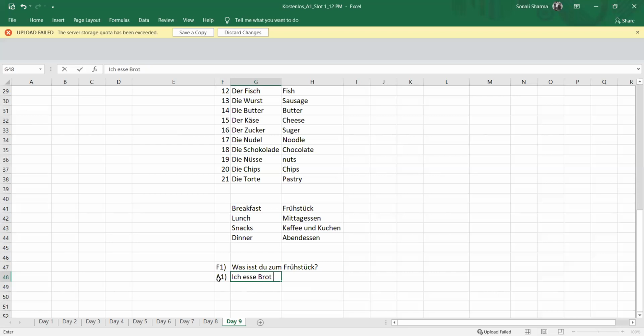So if I say in the morning I eat bread with butter, ich esse Brot mit Butter zum Frühstück. Frühstück, so F is capital.